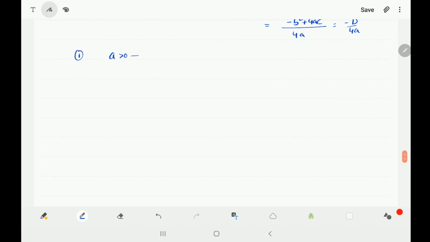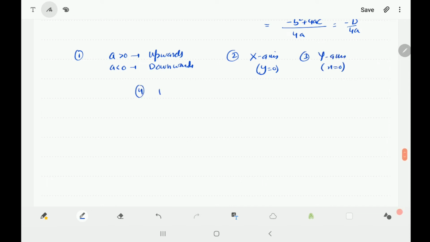If a is greater than 0, the parabola is upwards, and if a is less than 0, the parabola is downwards. Then we need the intersection with the x-axis. For that you have to put y equal to 0. Third, we have the intersection with the y-axis. For that you have to put x equal to 0. And the fourth point is the vertex, whose coordinates are (minus b by 2a, minus D by 4a).